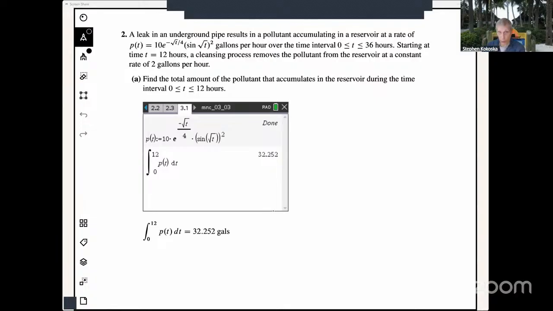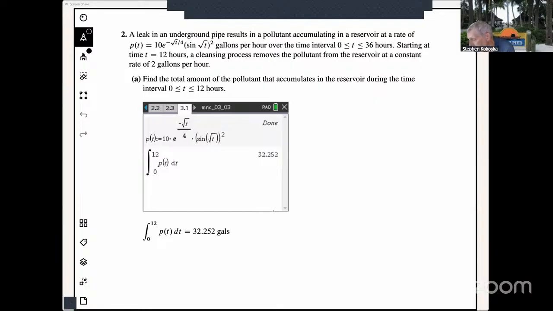My first thought is I don't think I'm going to be able to find an antiderivative of that. So one of the very first things I might do is to carefully type that into my calculator, whether it's an Nspire or the TI-84. So that's a rate function. It's accumulating in the reservoir at that rate, in gallons per hour, over a 36-hour interval.